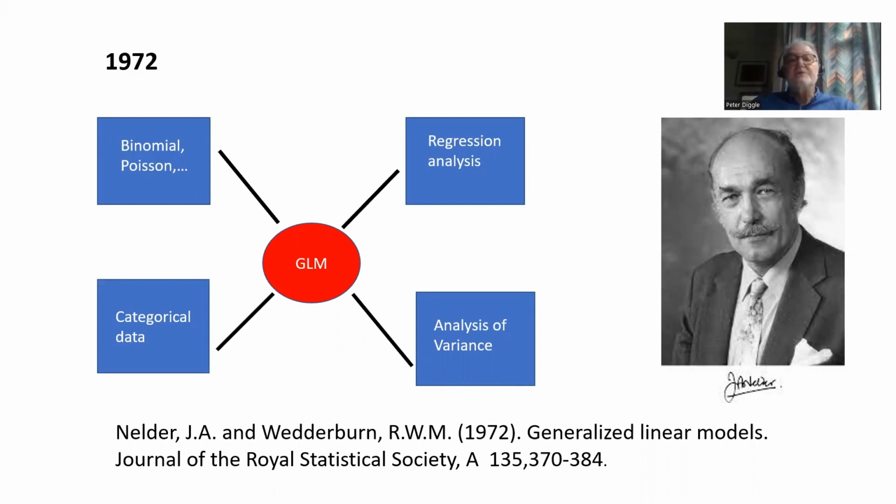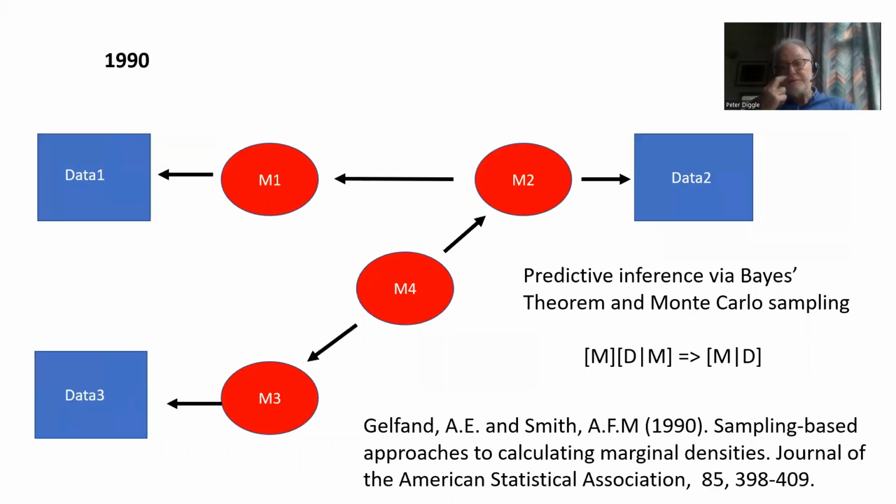The second revolution came in 1990, and this had a number of elements to it, which all came together in a very nice synthesis. The first was that instead of simply fitting one model to one data set and another model to another data set, and so on, you could think of integrating information from multiple data sets to give you information about different components of an underlying complex system.